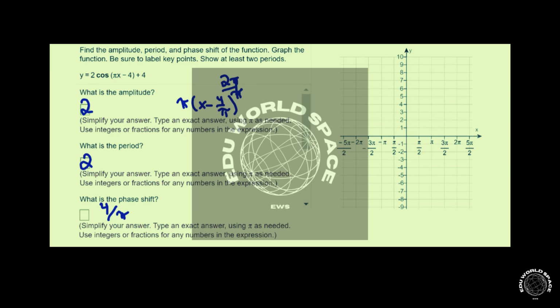So if we're going to graph this, we know we have the midline that's going to be shifted up 4.